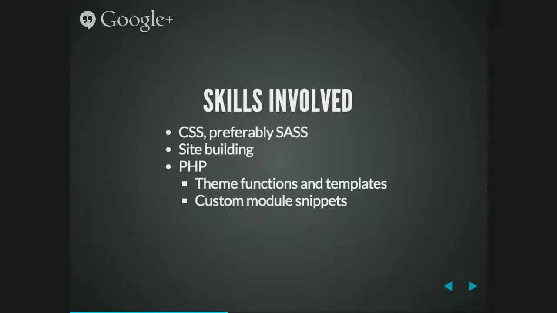So that's going to require some site building skills, and it may require getting into the PHP code for certain things, like modifying theme functions, templates, and maybe even creating some custom module code, depending. So not always. And the other thing is that you don't have to go full on board. We're doing SMACSS, Drupal 8 CSS, and that's that for this project, because you'll never do it with Drupal 7. So hybrid's perfectly fine. They can coexist together. It doesn't matter.